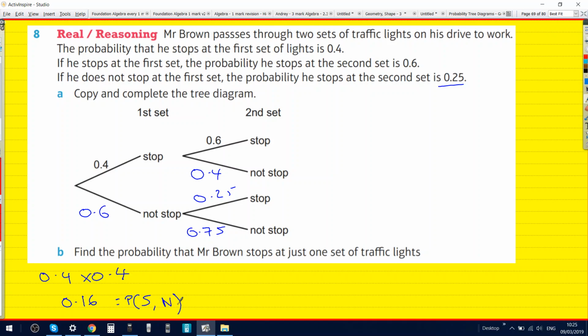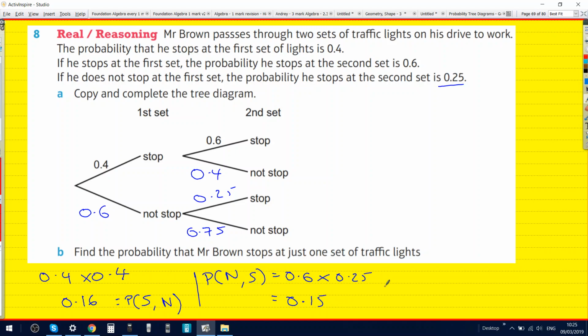Is there any other way he could stop at just one set of lights? Could you do, he doesn't stop at the first set but stops at the second set, so that'd be 0.6 times 0.25. And that would be 0.15. Trust your calculator. Yeah, 0.150.